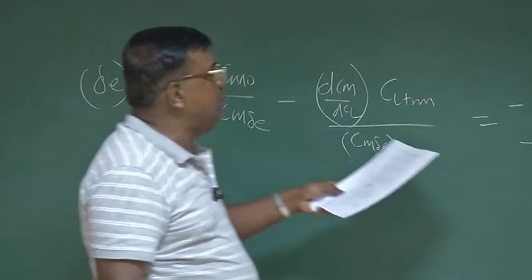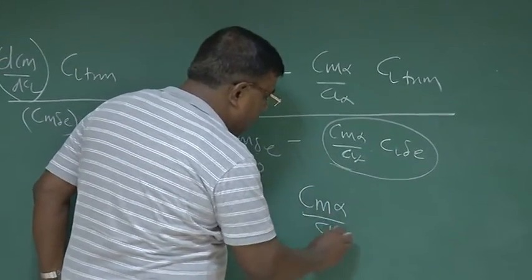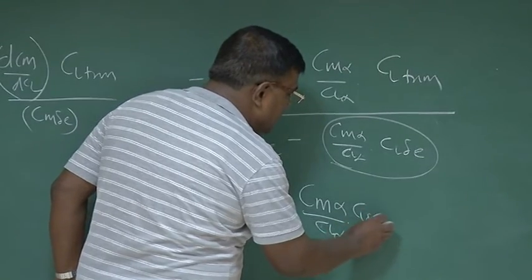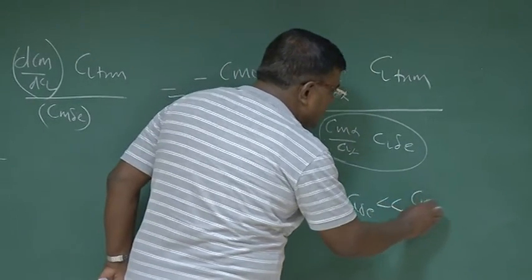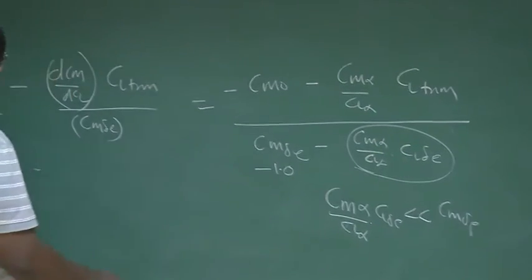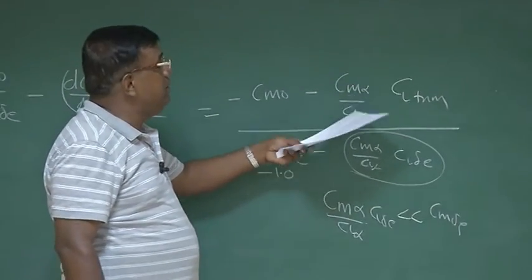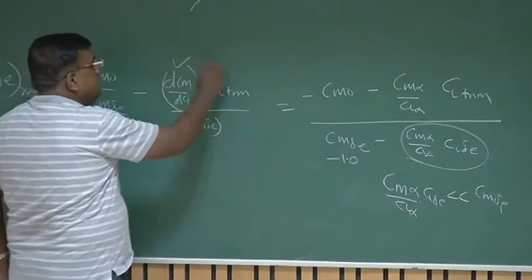This is Cm naught. What we have done? This Cm alpha by CL alpha into CL delta E is less than Cm delta E. So this has gone. So minus Cm naught by Cm delta E is here. Then Cm alpha by CL alpha, dCm by dCL, is here. CL trim is here.